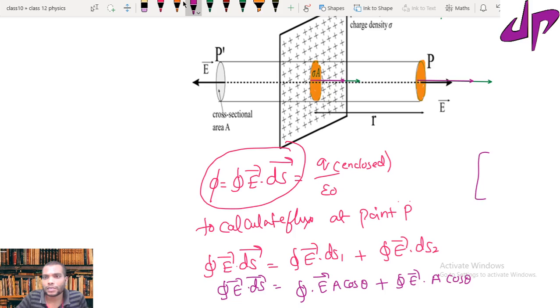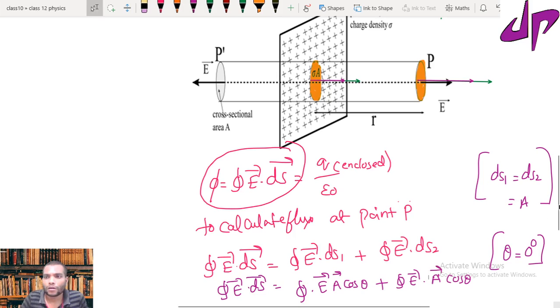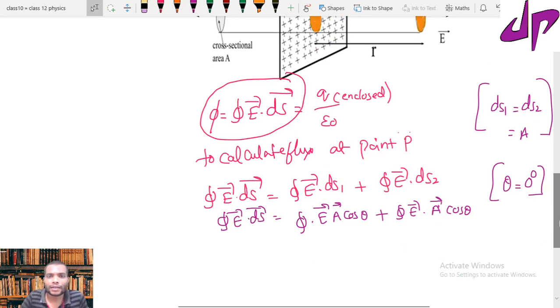Why? Because here dS1 equals dS2 equals the area A. And what is theta? The angle between the electric field vector and area vector equals 0 degrees, because they both point in the same direction. Now you can get the total electric flux, the integral of E bar dot dS, which becomes 2 times E bar dot A.